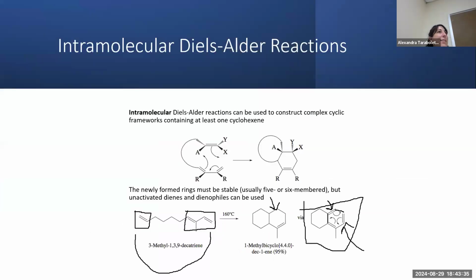This case is slightly different. When it's one molecule reacting with itself, you make this bicyclic, meaning two rings that are just sharing a joint, but not intersecting with each other. Do you guys get what I'm saying? The difference here?